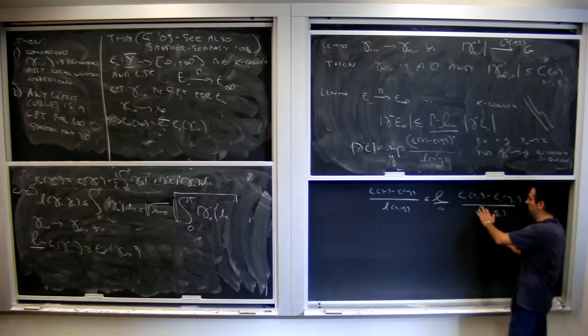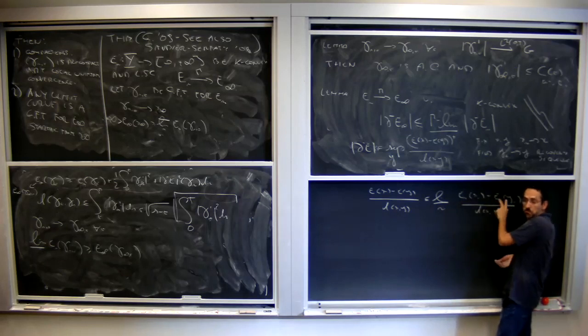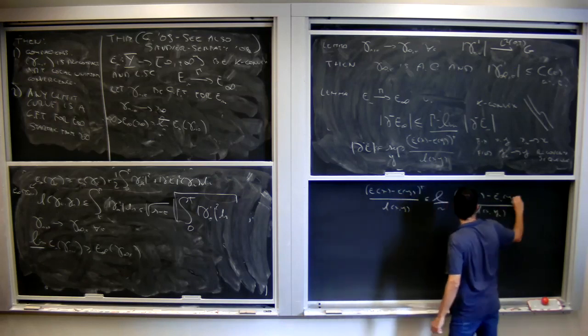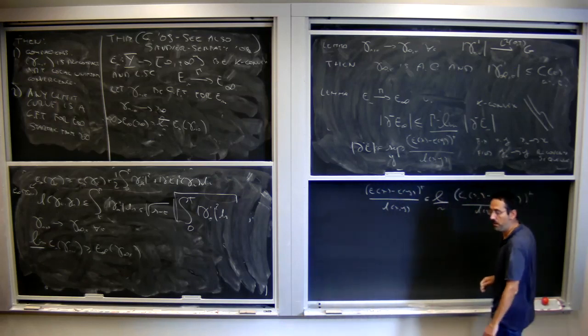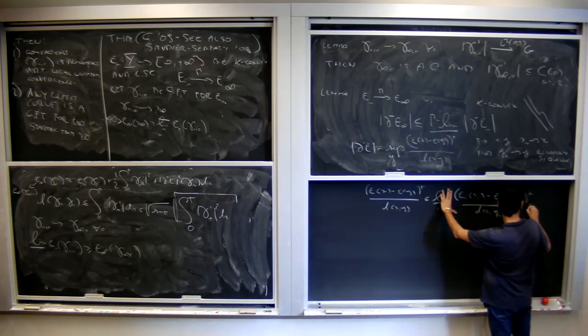Makes sense? Because I have lower semicontinuity at this level, and this converges. So this is true also if I take the positive part. But of course, for every n, this is bounded from above by the slope of E_n at X_n. So this is less or equal than the limit of the slopes of E_n at X_n.